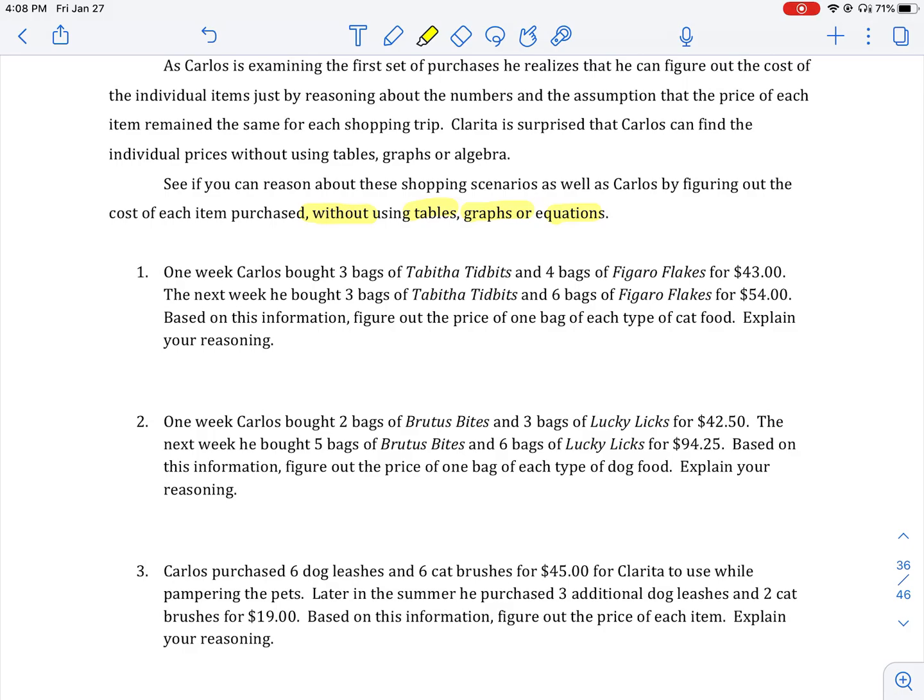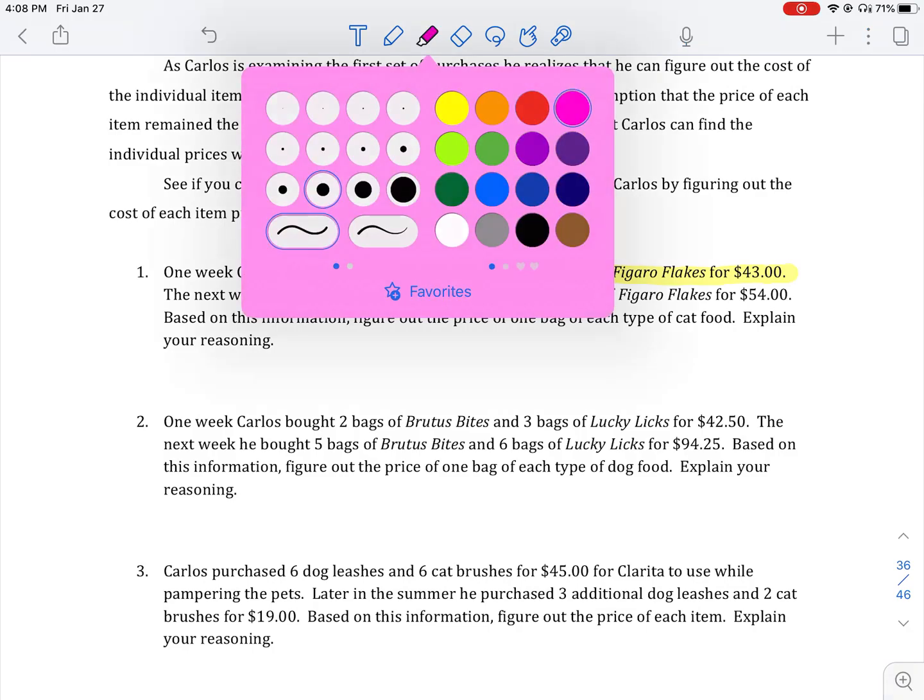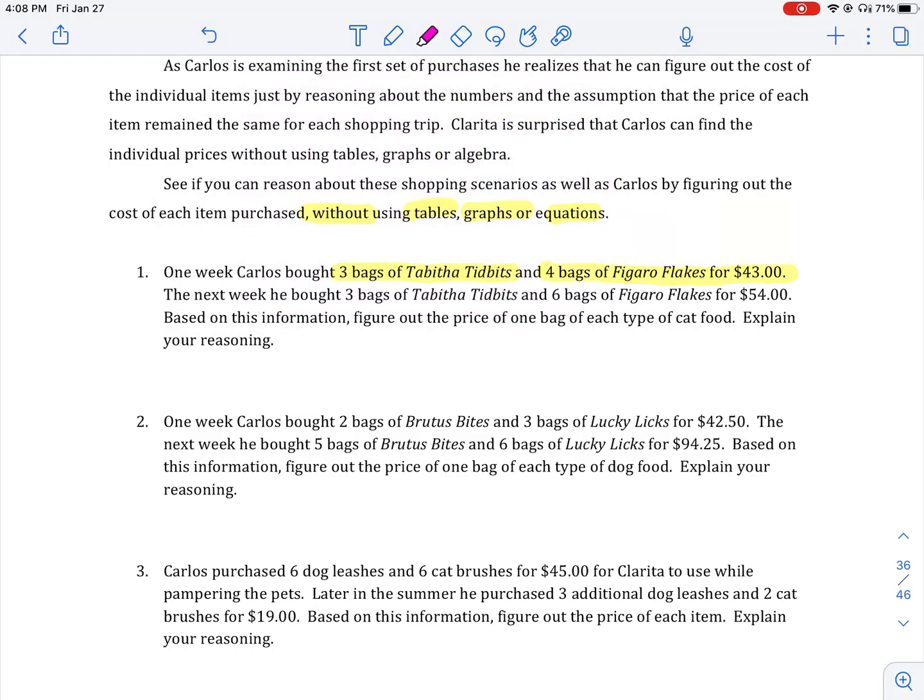All right, so if you've read through this, you should have noticed that in week 1, he bought 3 bags of Tabitha Tidbits and 4 bags of Figaro Flakes for $43. And in week 2, he bought 3 bags of Tabitha Tidbits and 6 bags of Figaro Flakes for $54.